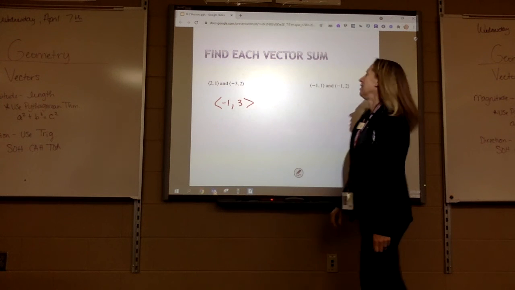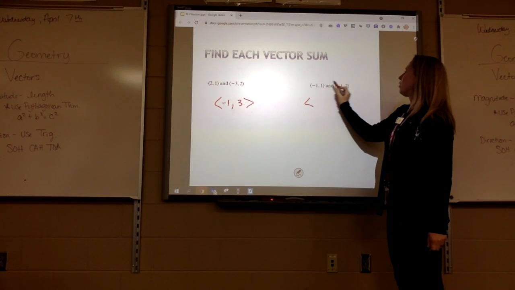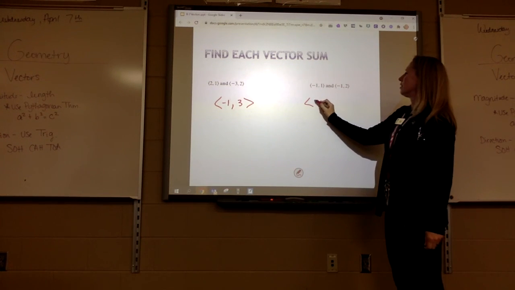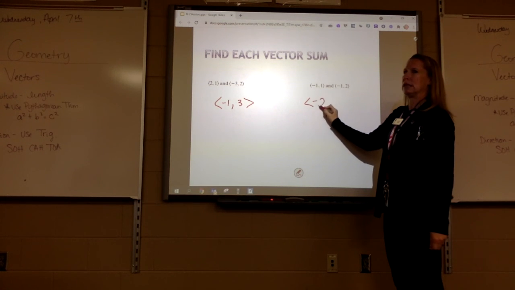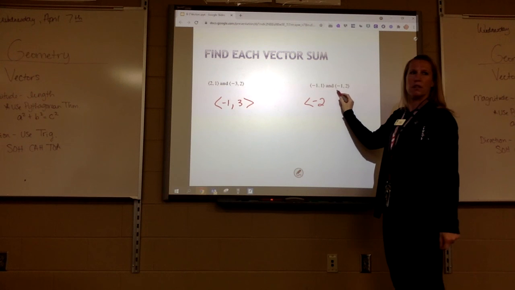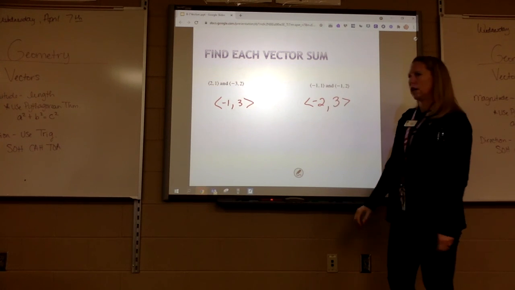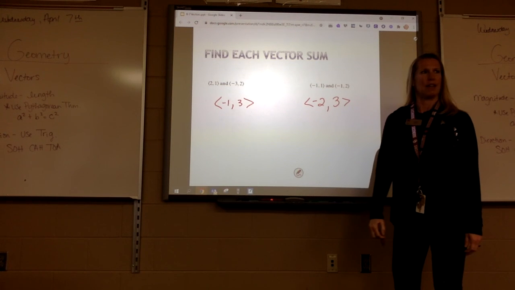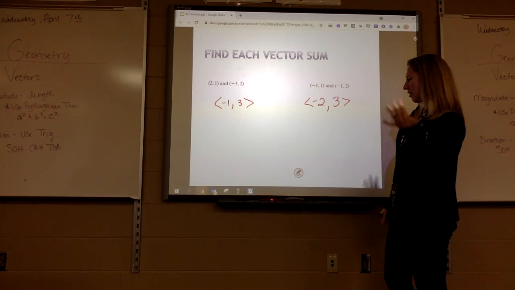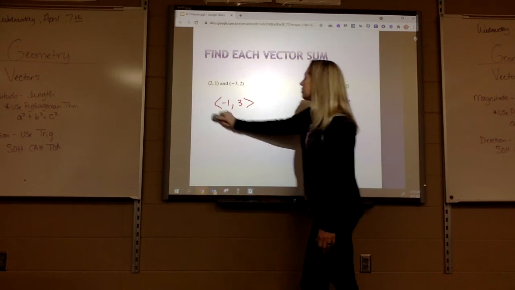Yeah. What's negative 1 plus negative 1? Negative 2. Okay. And then 1 plus 2? 3. Okay. Are you okay with adding vectors? Just add the x's together, comma, add the y's together.